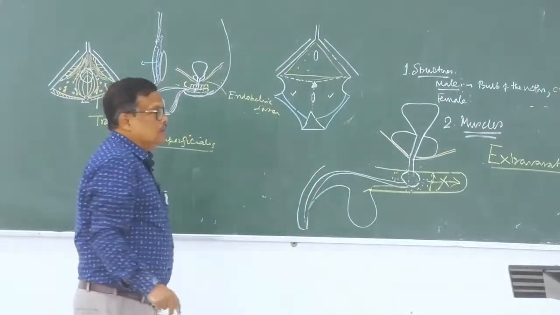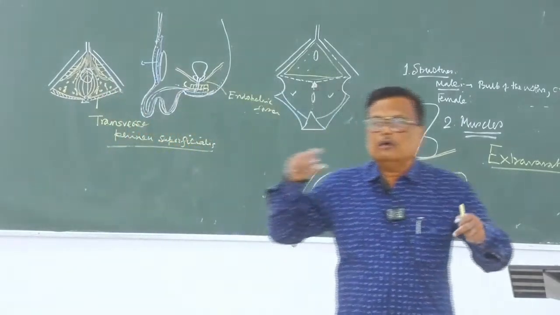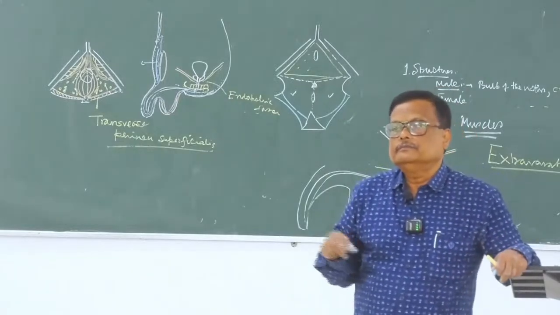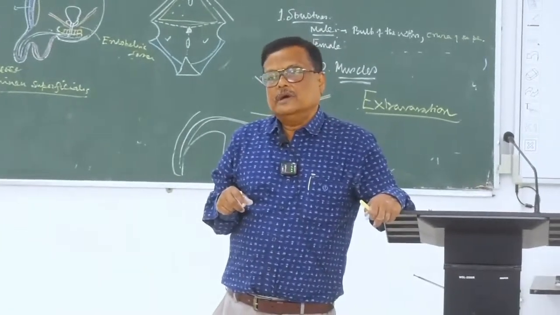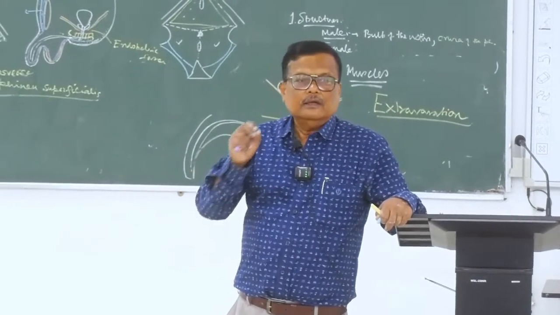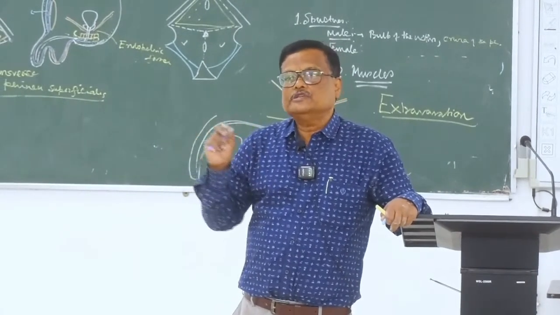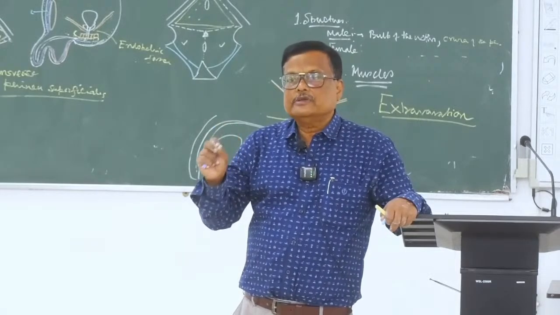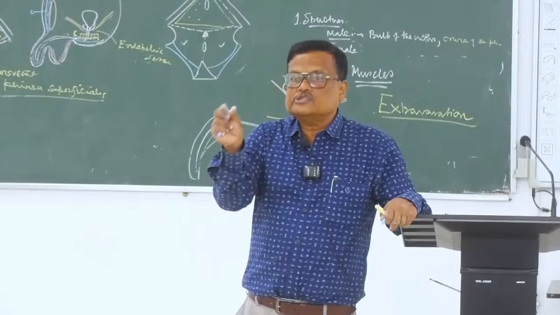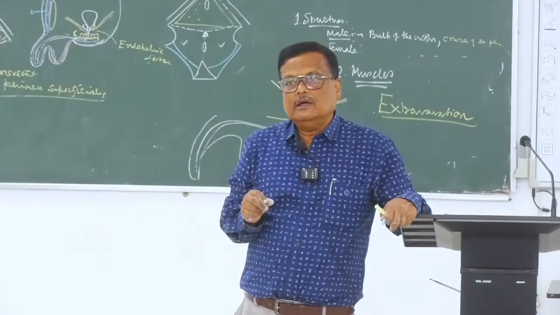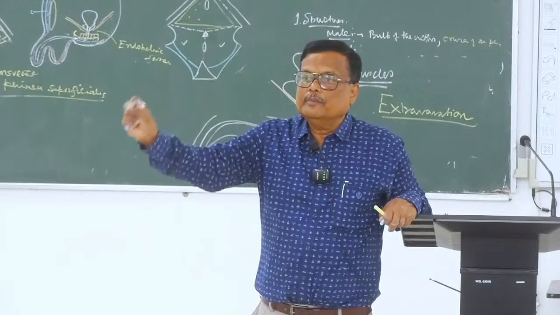Muscles. In the previous view, the urethra is covered all round by the sphincter urethrae muscle, which is a skeletal muscle. But in the recent view, no such sphincter is present. This sphincter is present within the layers of the wall of the urethra, and is known as the distal urethral sphincter mechanism.